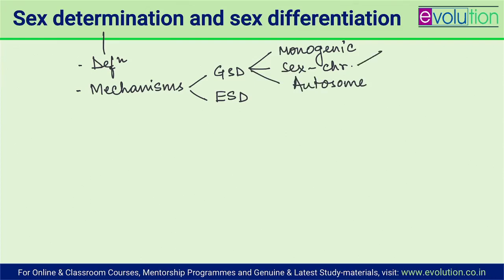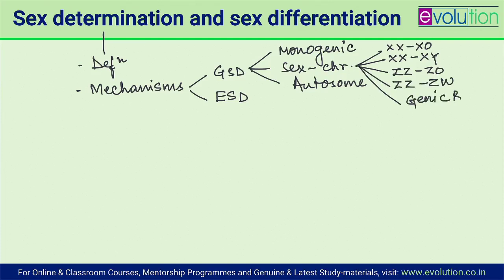Then sex chromosome based, you will be dealing with XX, XO type, XX, XY type, ZZ, ZO type, ZZ, ZW type, genic balance and compound sex chromosome phenomenon.